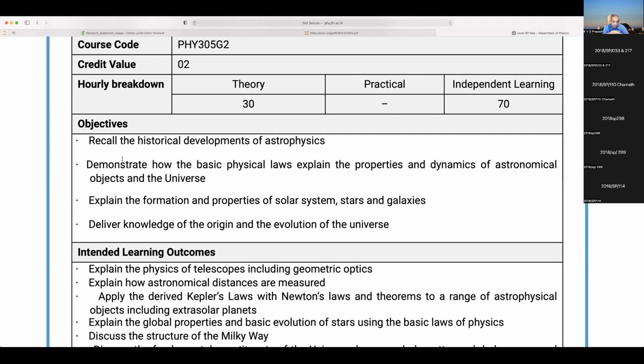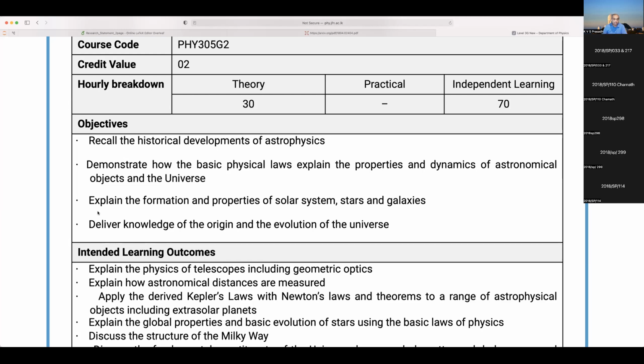And of course, we will learn about the properties of the solar system, which means some details about our planet and other planets in our solar system, and then about stars and galaxies. Basically, when we learn an astronomy course, you have to learn about stars, planets, and galaxies. So that's what we will be spending most of our time on.